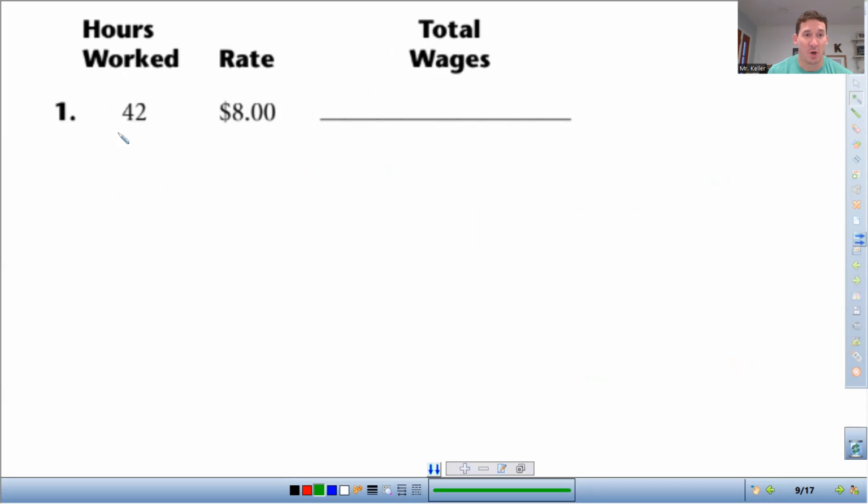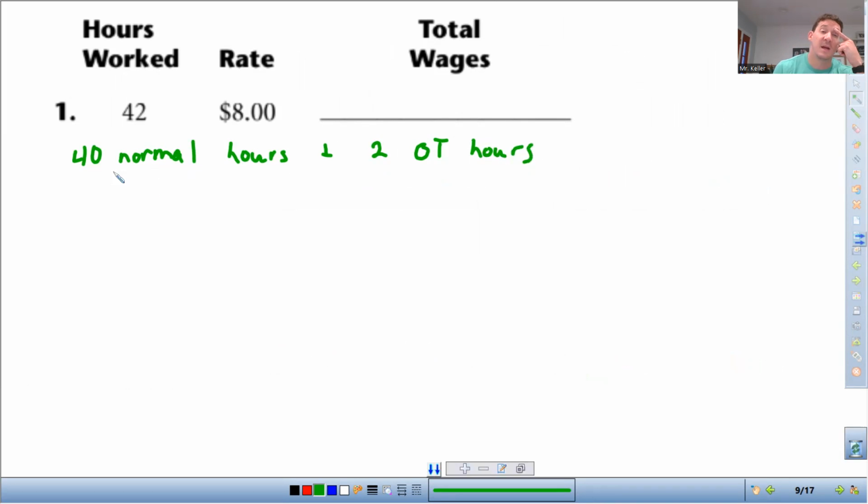So right now the hours worked are 40 normal hours plus 2 overtime hours. I'm going to call it OT hours. We need to calculate how much we make for the 40 normal hours, then how much we make for the overtime hours, and then add it all together.